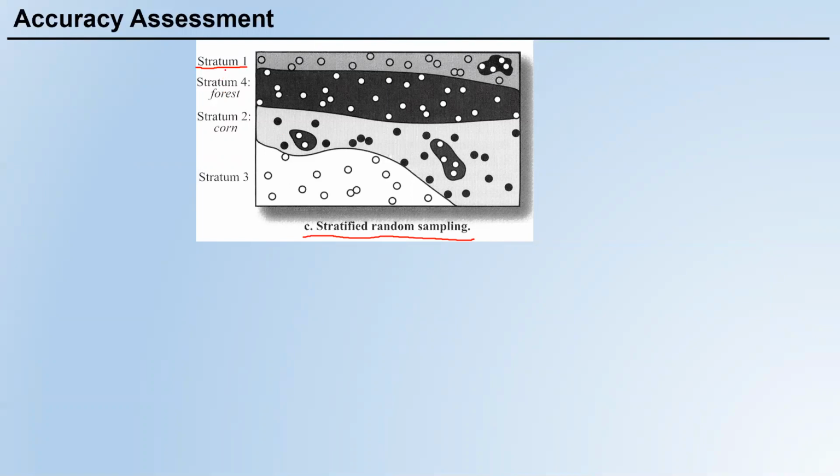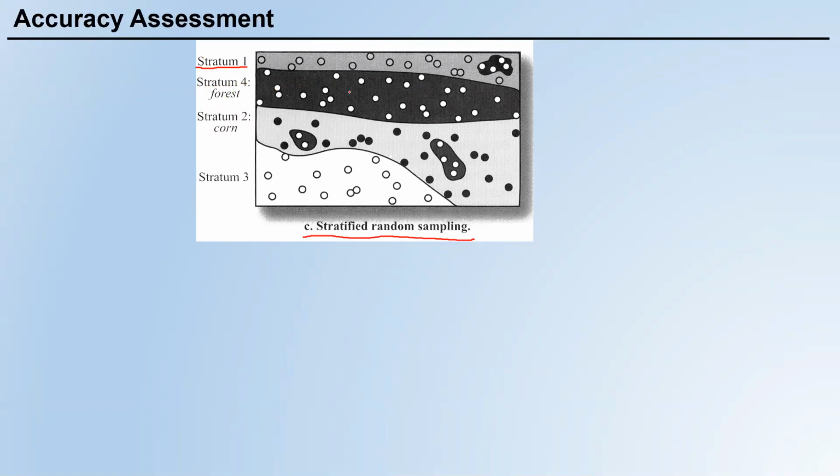And when you have stratified your imagery, we want to sample from each stratum. What's the advantage of that? It makes sure that each stratum is well represented by your samples. For example, for stratum 4 forest, right?